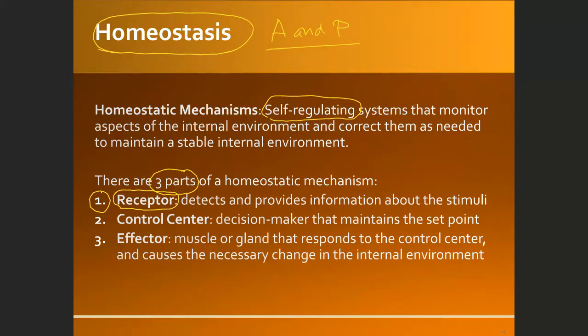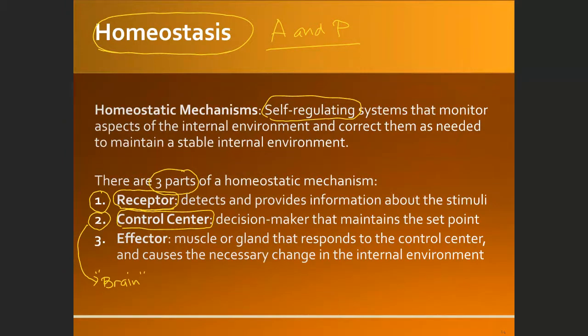From the receptor, the information will be carried into the control center. The main control center in the human body is the brain, which receives the information from the receptor.